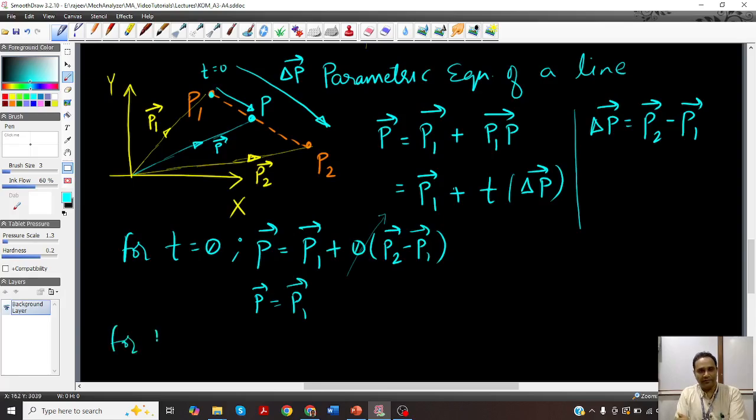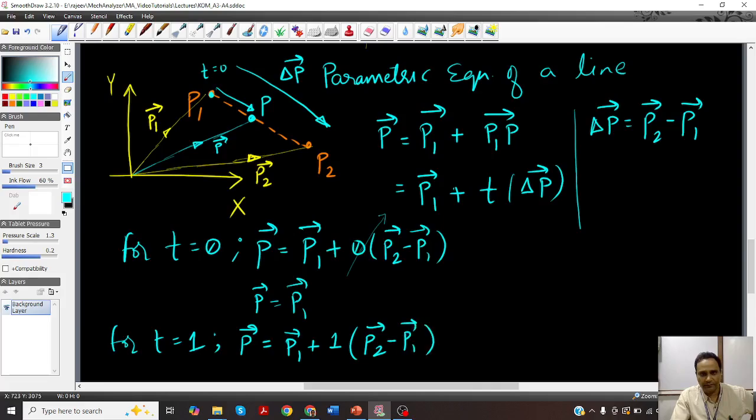For t equal to 1, we'll still write the same equation. Vector p is equal to p1 plus 1 into delta p vector, which is p2 minus p1. So this p1 will get cancelled, and it will become p2.